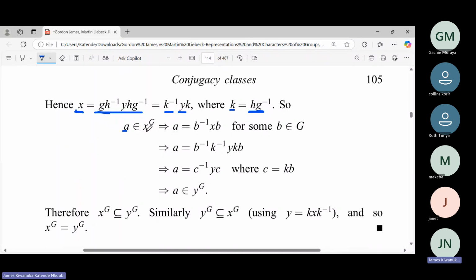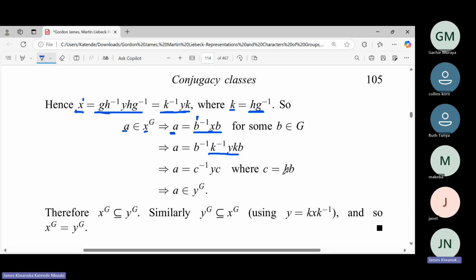Suppose an element A is in the conjugacy class of X, then there must be some element B from G such that A is equal to B inverse XB. So anything in the conjugacy class of X can be written in this form. We picked A from the conjugacy class, so we can write it in this form. But we already have K. We can write X in terms of Y using this expression, so we can make that substitution here.